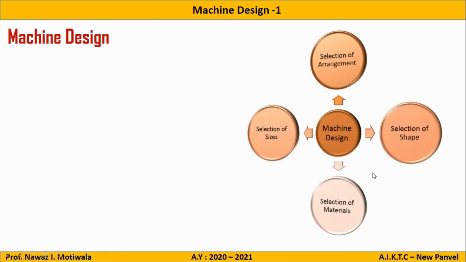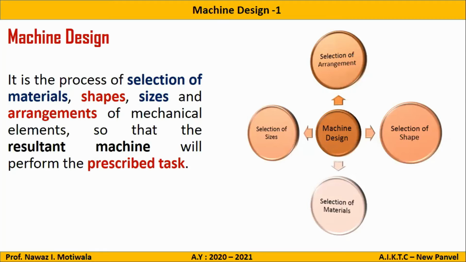Again, I repeat my definition. Machine design is a process of selection of material, shape, size, and arrangement of mechanical elements so that the resultant machine will perform the prescribed task. Okay, so that is the definition I have written here also.